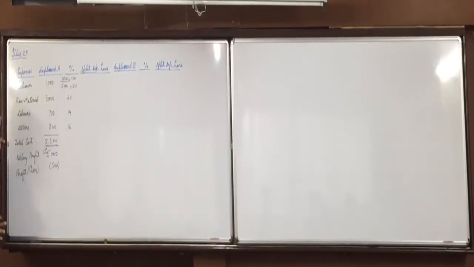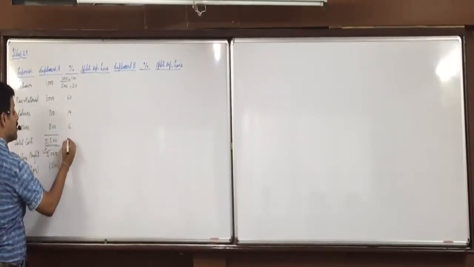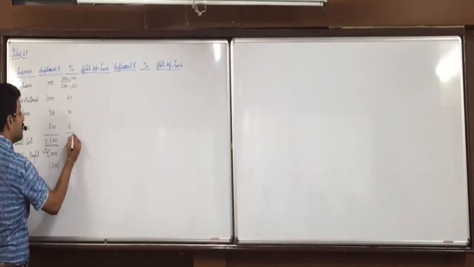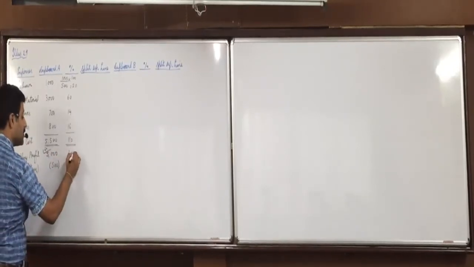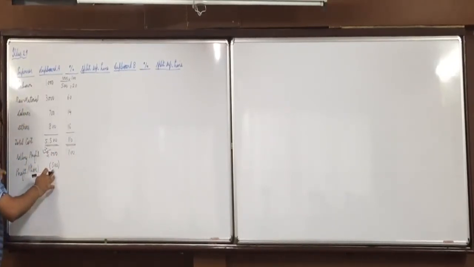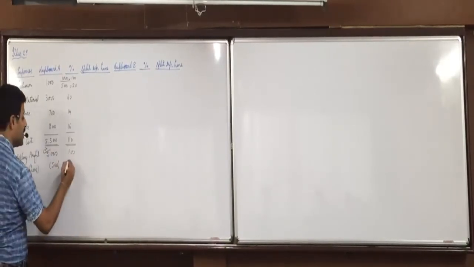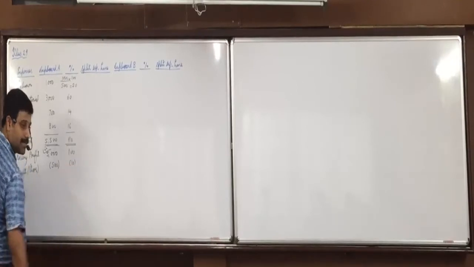Anyone who is not clear with this? Even 5,500 divided by 5,000 into 100, 110%. 5,000 divided by 5,000 into 100, 100%. And minus 500. Is this minus or not? Yes. Minus 500 divided by 5,000 into 100, minus 10%.